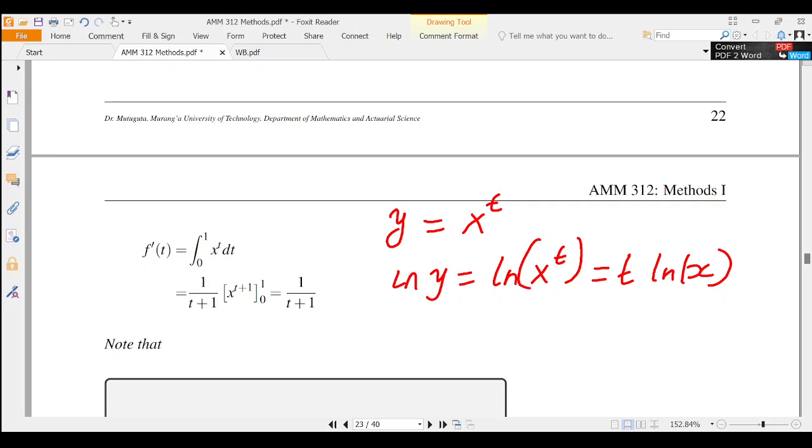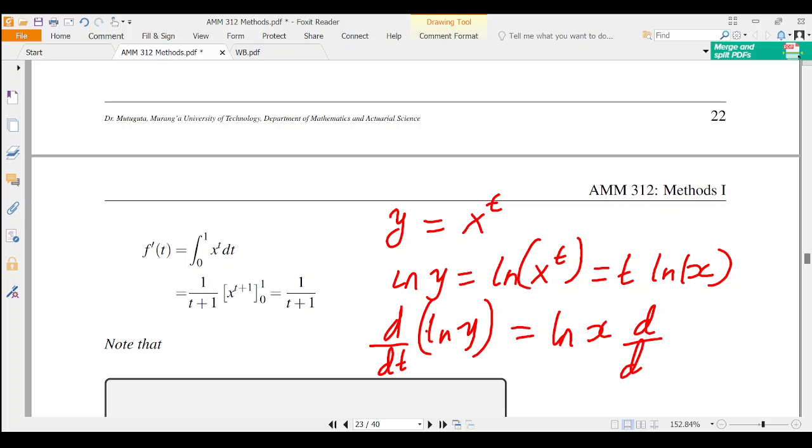And then differentiate both sides. The derivative of the left-hand side, we want to differentiate logarithm of y with respect to t, which will be, now because the derivative is with respect to t, the logarithm of x is taken as a constant here. So we write logarithm of x, then the derivative with respect to t of t.